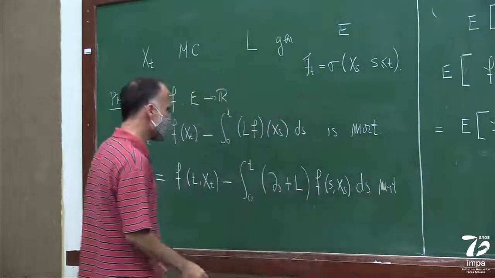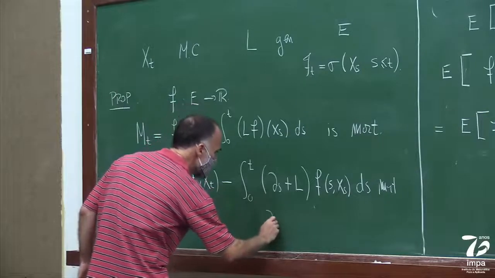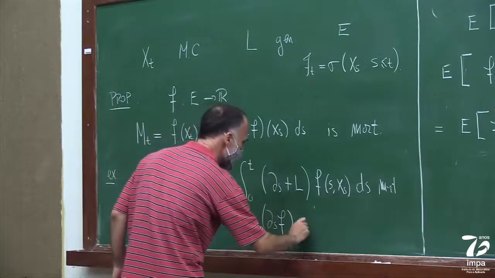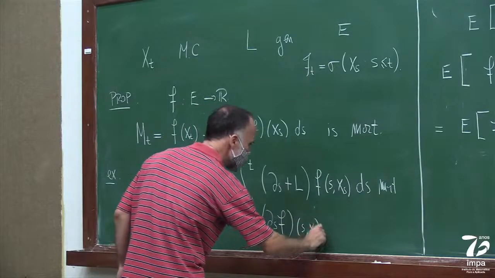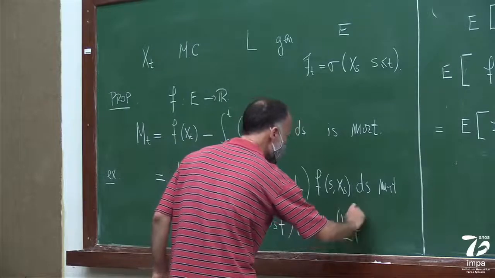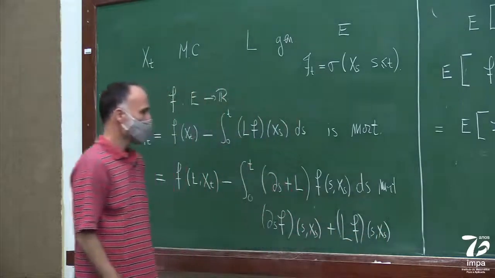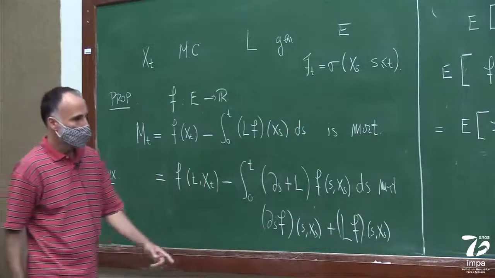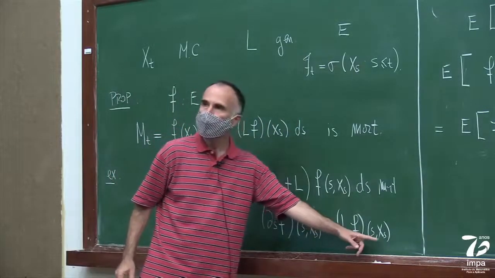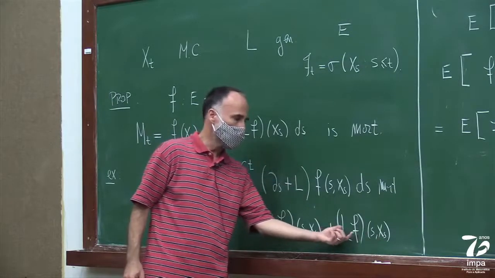What you have to understand here is that you have d_s f computed at (s, xs), plus Lf computed at (s, xs), where here you consider s as fixed, so you have a function of the position, and you're computing L of f.